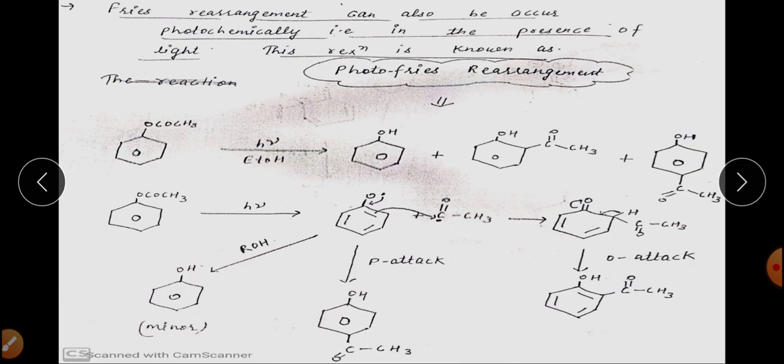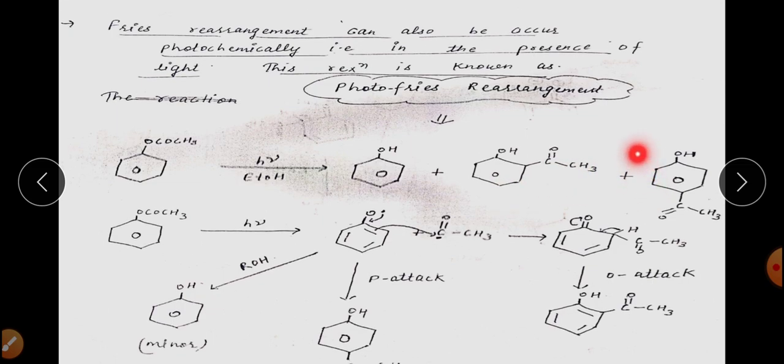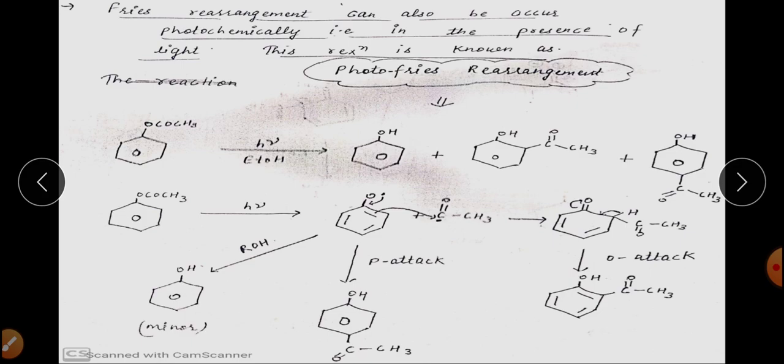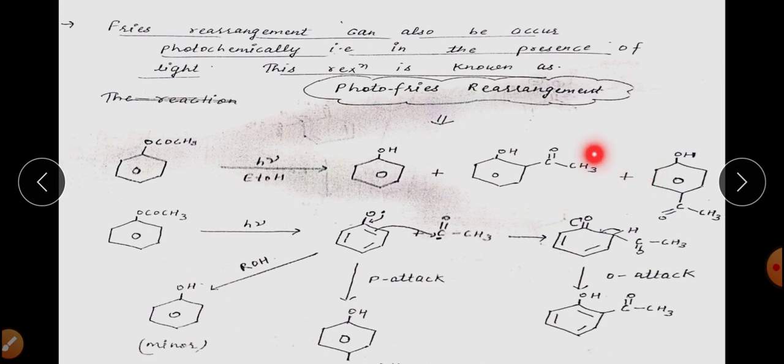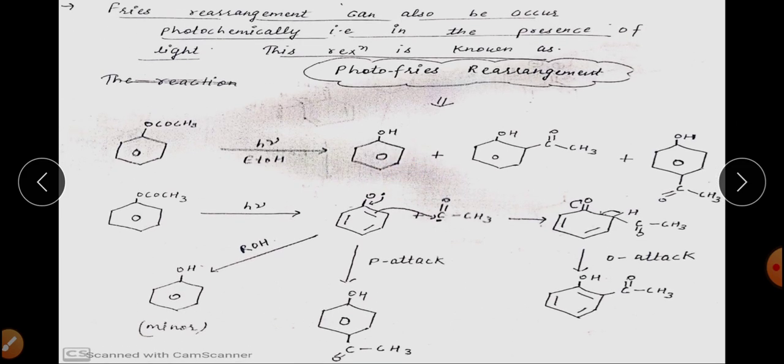So here is the formation of these two kinds of products. The beauty of the reaction is that besides these two products, we are also getting a very minor product, that is phenol, in the photo-Fries rearrangement reaction.